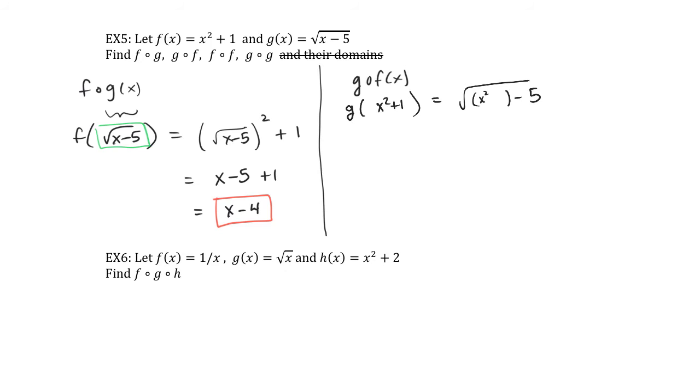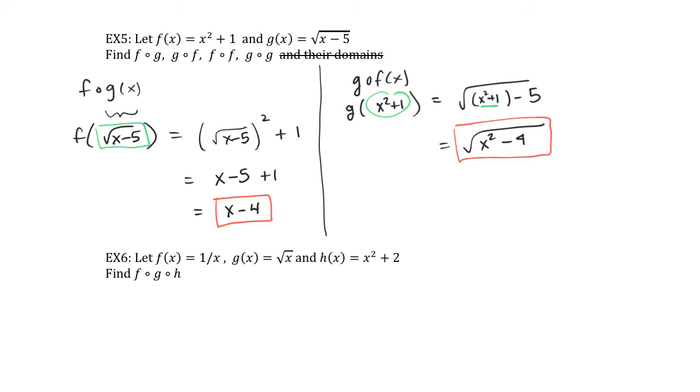So now my input is x squared plus 1, and in it goes. We don't really need parentheses. x squared plus 1 minus 5 is x squared minus 4.